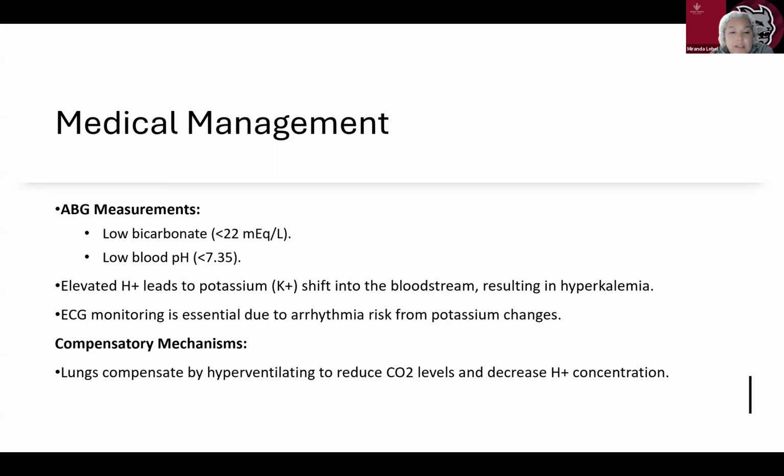We'll probably give some insulin to drive that potassium back into the cells to decrease that hyperkalemia. We may have to help the lungs with the hyperventilating, things like that.